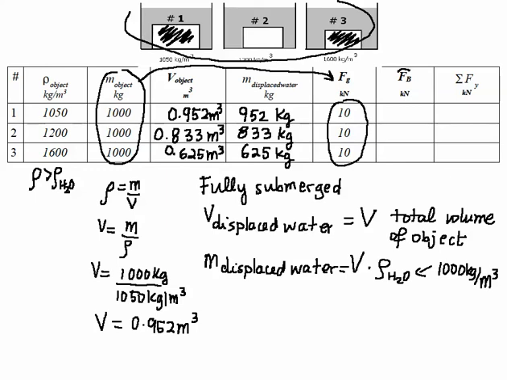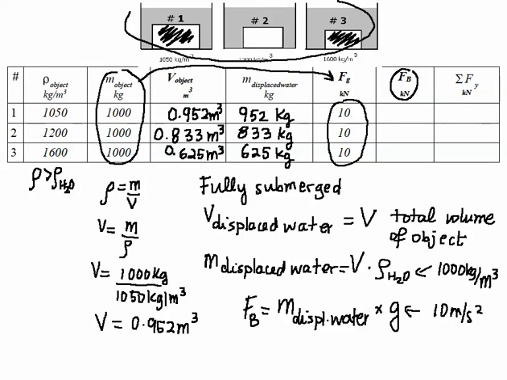In order to calculate Fb, I multiply the mass of the displaced water by g, and for g I use 10 meters per second squared, which gives me an Fb of 9.52 kilonewtons for the first one, 8.33 kilonewtons for the second one, and 6.25 kilonewtons for the last one, keeping in mind that 1 kilonewton is equal to 1,000 newtons.